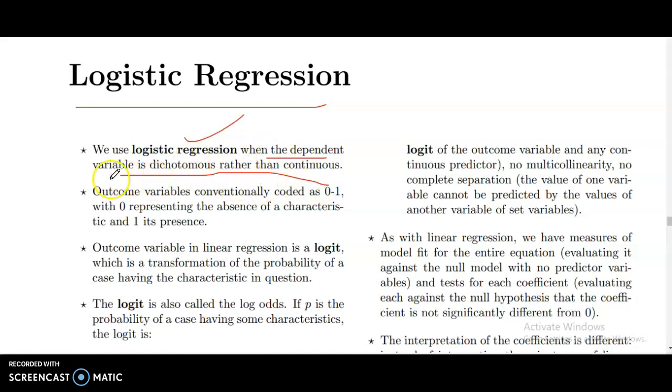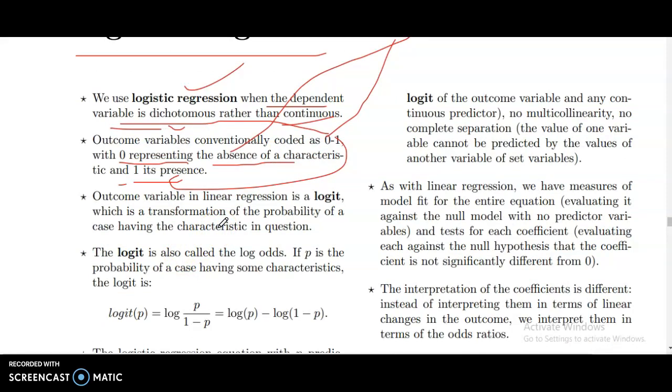The outcome variable is conventionally coded as 0 or 1, with 0 representing the absence of a characteristic and 1 the presence.